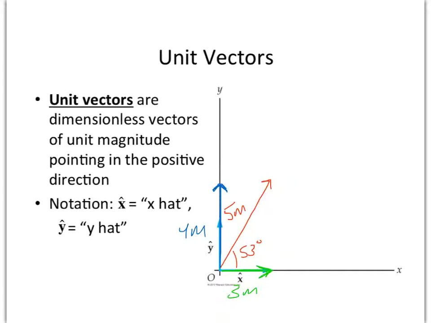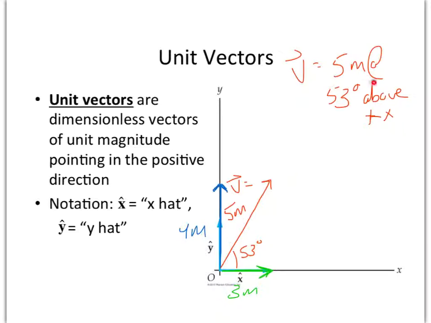So this vector, which I'm just calling vector v, equals 5 meters at 53 degrees above the positive x. It's 36 degrees from the vertical. So that's our vector in magnitude and direction notation.